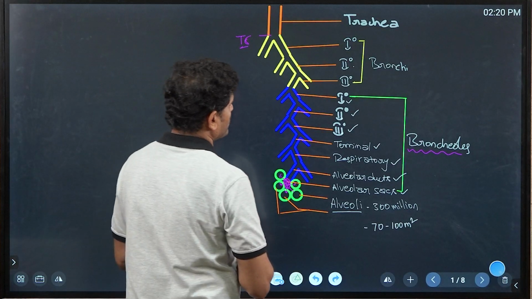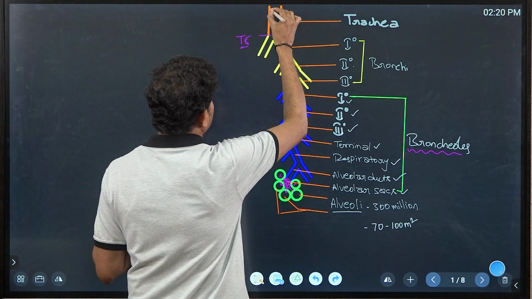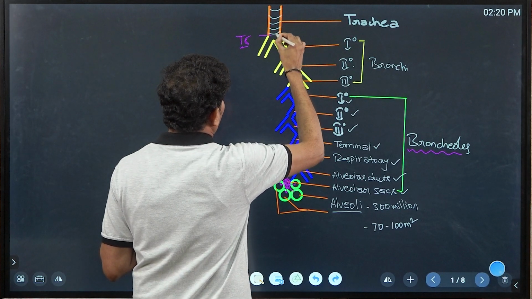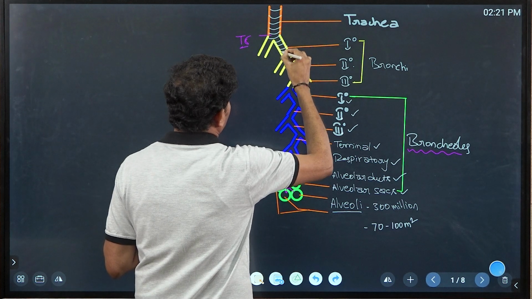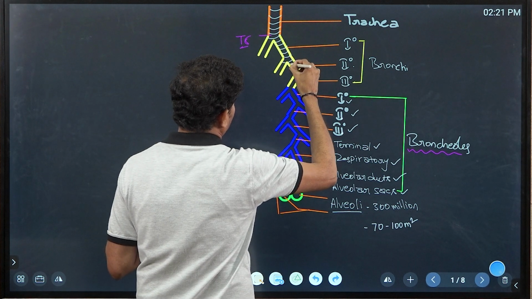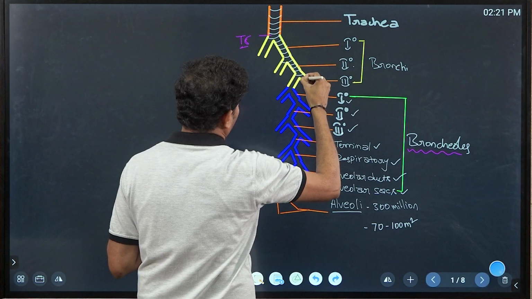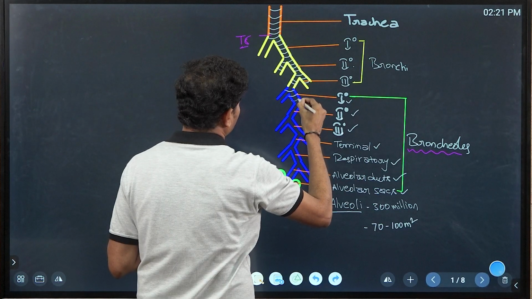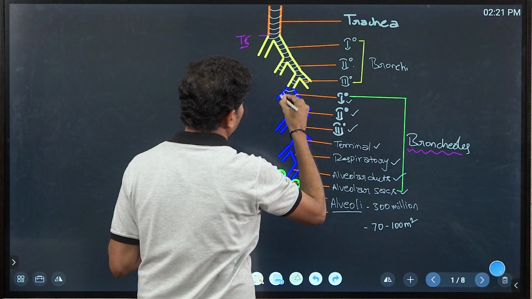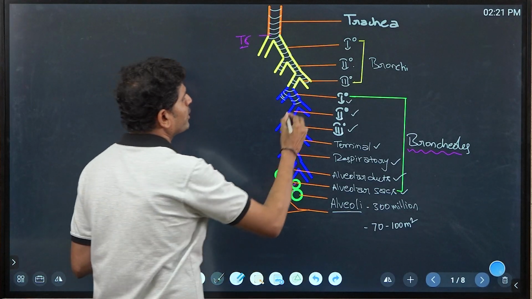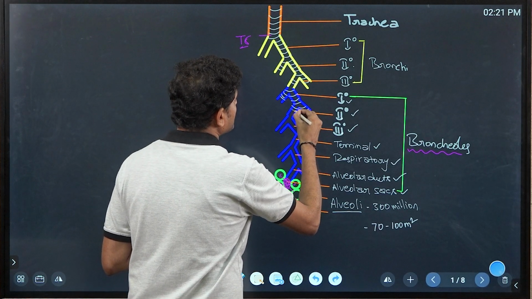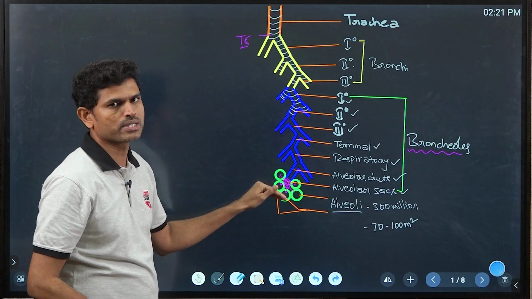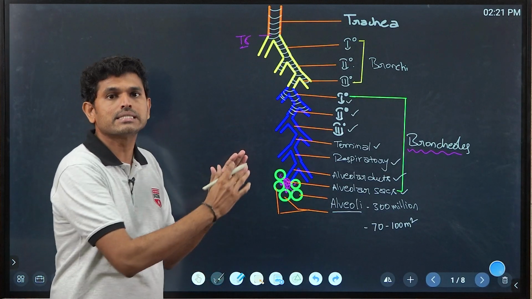And one more point is clearly mentioned in NCERT. Which structures are these? The trachea, the bronchi, and the initial bronchioles also are supported by which one? Cartilaginous rings. Initial bronchioles means we may take the primary or secondary bronchioles only, not the tertiary bronchioles, terminal bronchioles, and remaining parts, because here the diameter is larger.